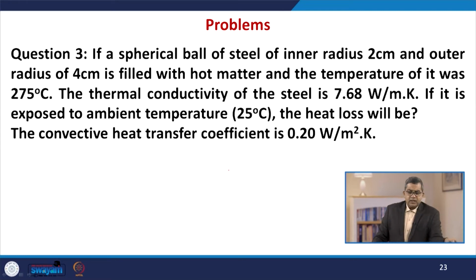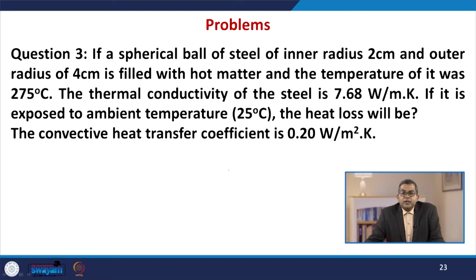Now let's discuss another problem which is related to the spherical issue. If a spherical ball of steel of inner radius 2 centimeter and outer radius of 4 centimeter is filled with hot matter, and the temperature of it was say 275 degrees Celsius.